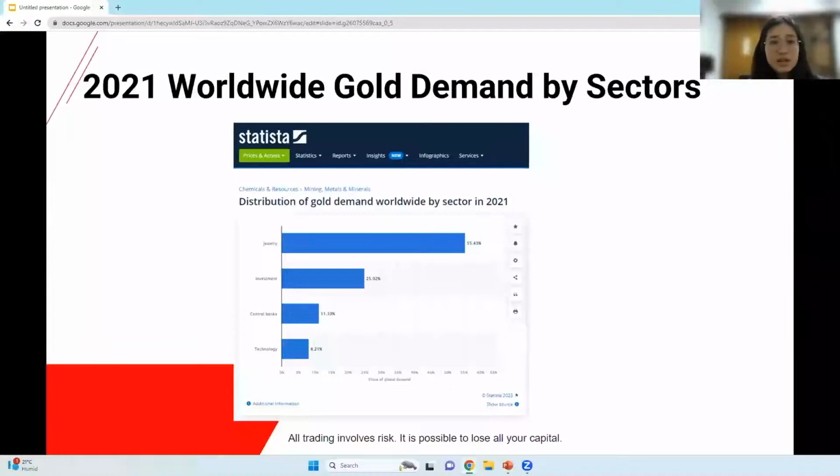Next, central banks account for 11.33%. And gold plays an important part in global central bank reserves, and they tend to be more significant holders of gold. Since the 2008 financial crisis, it actually prompted a fundamental shift in central bank behavior towards gold, and it encouraged a reappraisal of its role and relevance in reserve asset management.